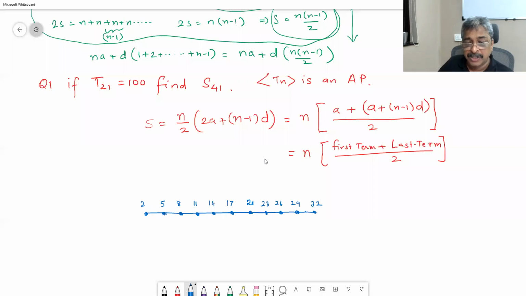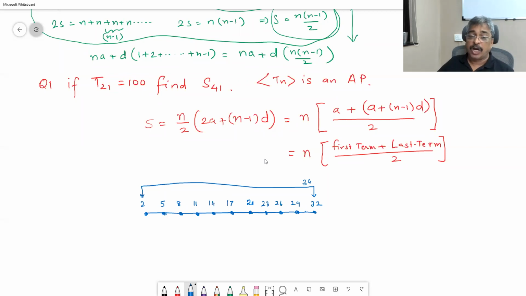Now suppose this is a rod and we want to balance it. The reverse and add technique told us that you look at the first and last term together. If I add the first and last term, what do I get? 34. Very good.